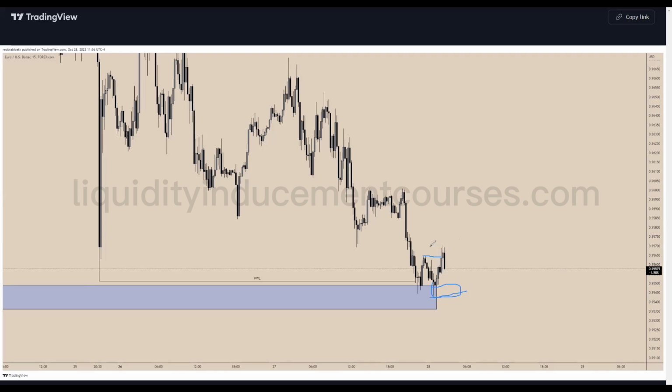So this is the first fake break of structure. It's going to mitigate maybe 50% of this POI, and that's my scenario. Yeah, perfect. Let's see the result, the next picture.